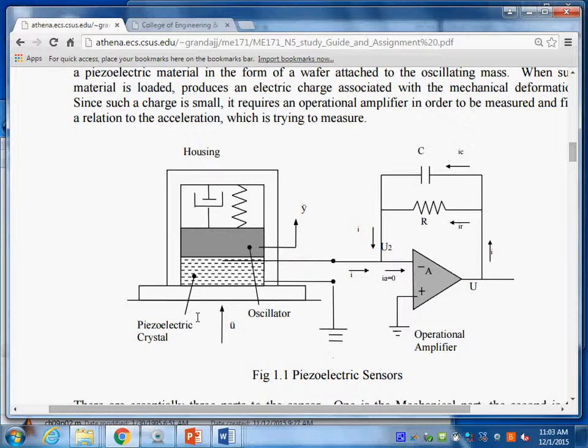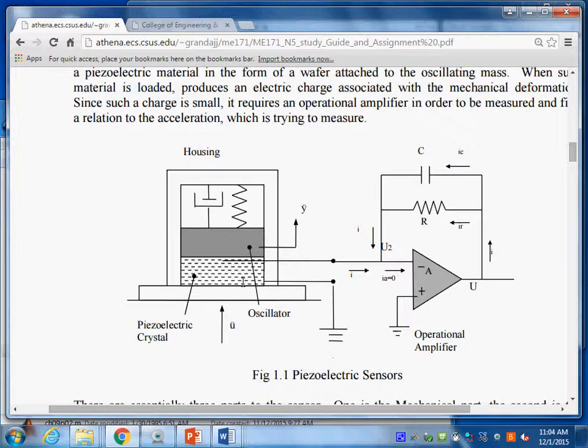So the way this works is it has a simple oscillator system inside. Inside this housing, there is this mass in here. And between the bottom of the accelerometer and the mass, there is a piezoelectric material. This is a piezoelectric crystal.